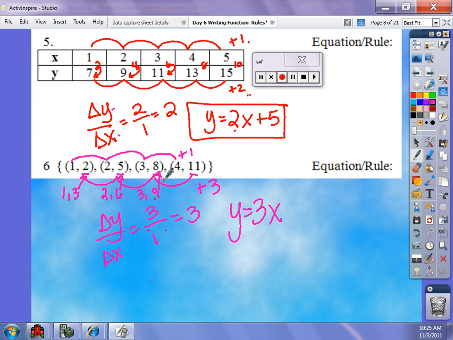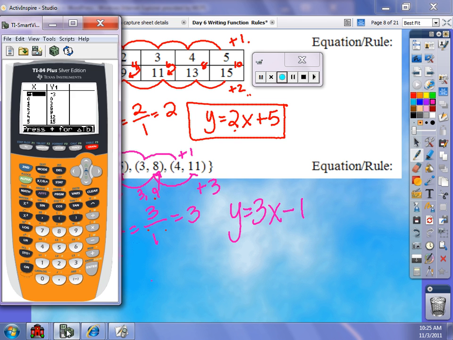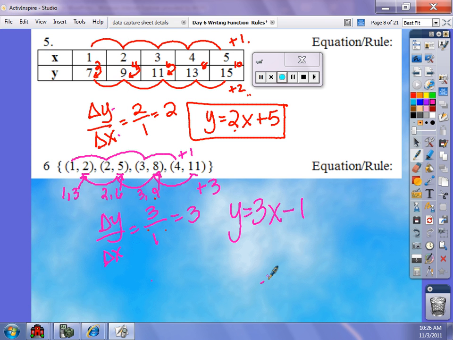And from 9 to the right answer, 8? Well, it looks like we can subtract 1 from that every time, and that would work. 3 minus 1 is 2, 6 minus 1 is 5. So let's test it. Minus 1. And now the numbers are working. 1, 2, 2, 5, 3, 8, 4, 11. So we've got our equation.